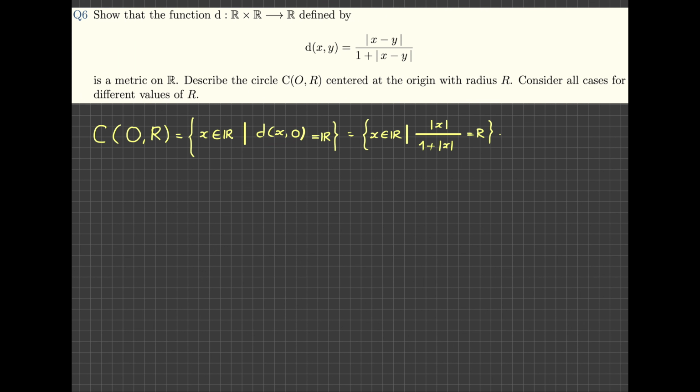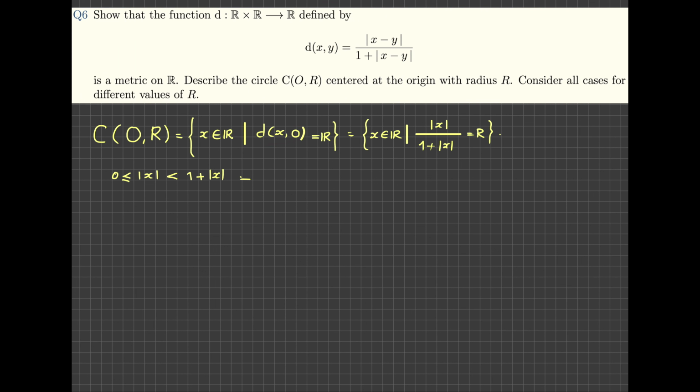Okay, so for different values of R, we want to discuss these circles. The fun thing I want you to know is that the absolute value of x is definitely strictly smaller than 1 plus the absolute value of x. And on the other hand, it is non-negative.